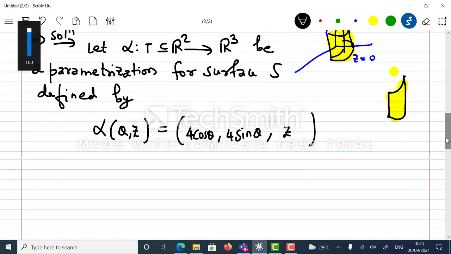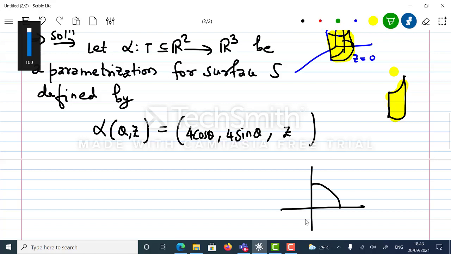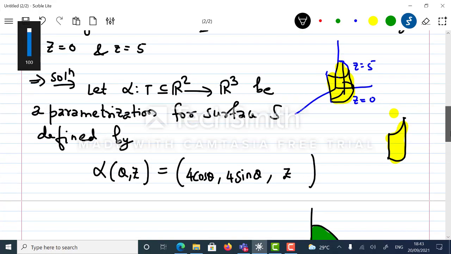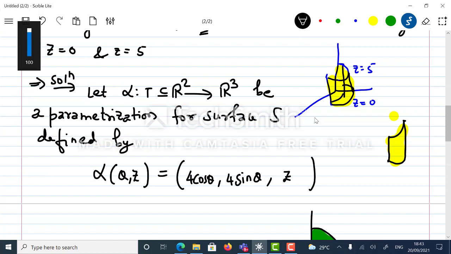Right? So what is the parametric domain? If I take the projection of this, it will be in the first quadrant, so my projection will be in this form. Theta goes from 0 to pi by 2, and you can see that z ranges from 0 to 5.